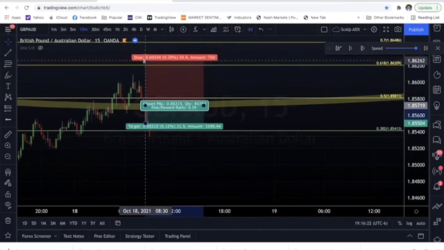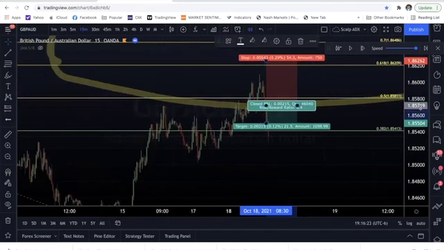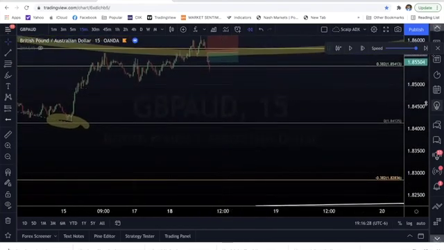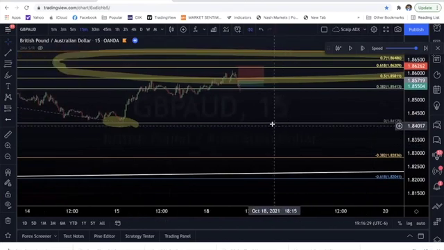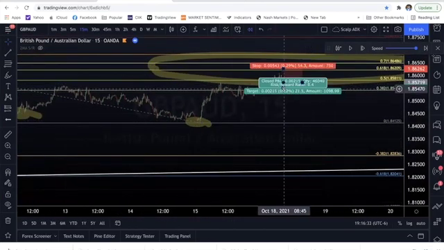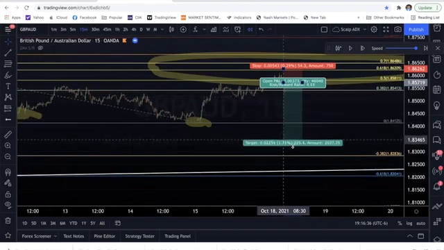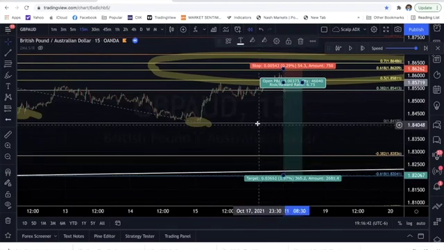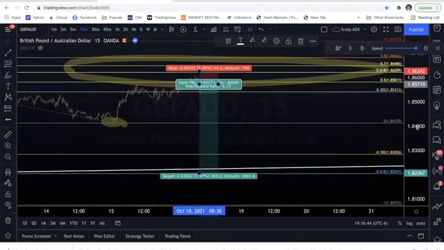All right. Now, this almost always happens mathematically, guys, and I don't know if it's going to work here. I always take my target down to the 61.8 line. Now, I don't know if it's going to go down this far. I do not know.